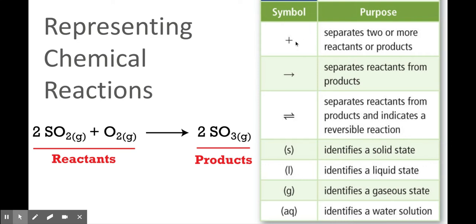There's also some notes over here about other symbols you'll see. The pluses are pretty obvious, but it's really important to note that in these chemical reaction equations, there is no equal sign. That's one of the most common mistakes that people make when they're starting this. They'll do this plus this equals this. That's not how you write it. You always write an arrow where you might think that an equal sign would go, because that shows that the reactants are turning into the products. If you put an equal sign, you're just saying those two things are the same. They're not.